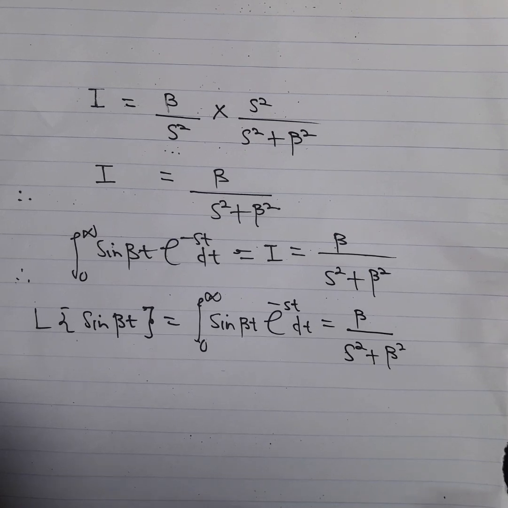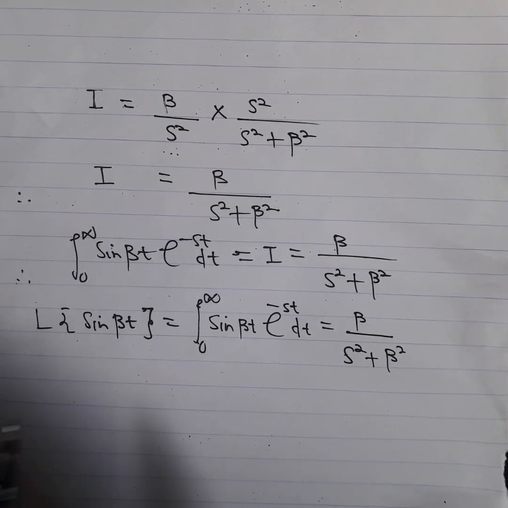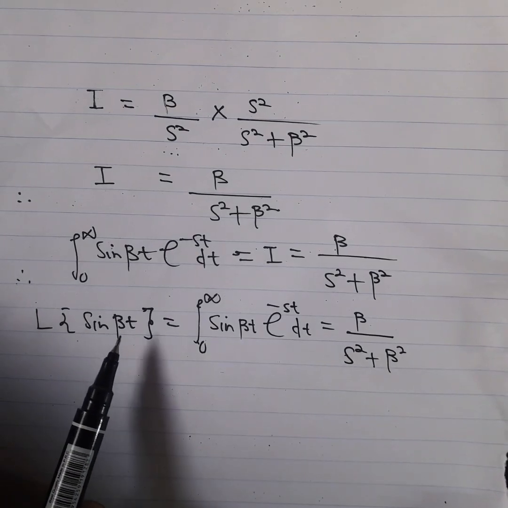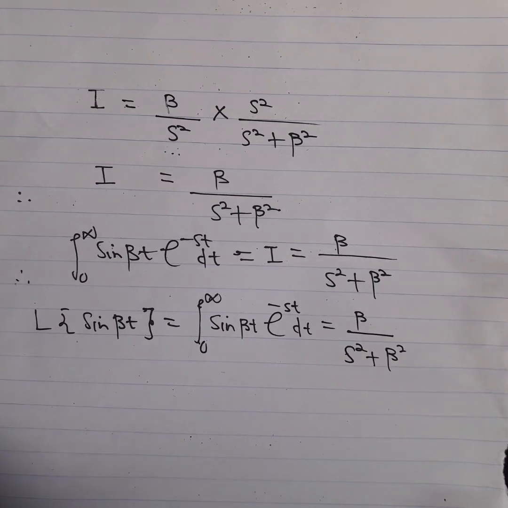And that is the final answer for this. Anytime you have the Laplace transform of sine beta t, it equals beta divided by s square plus beta square.